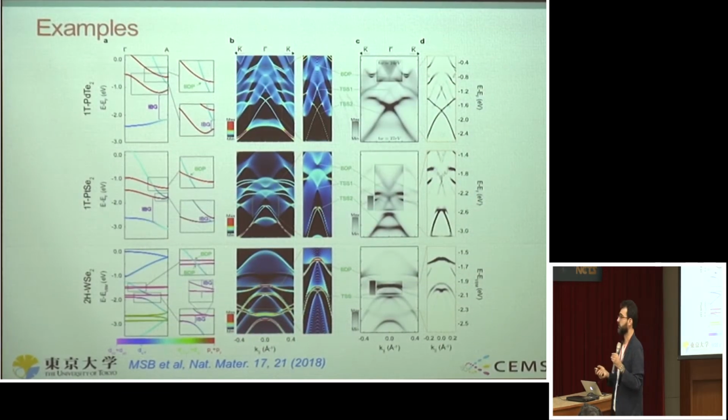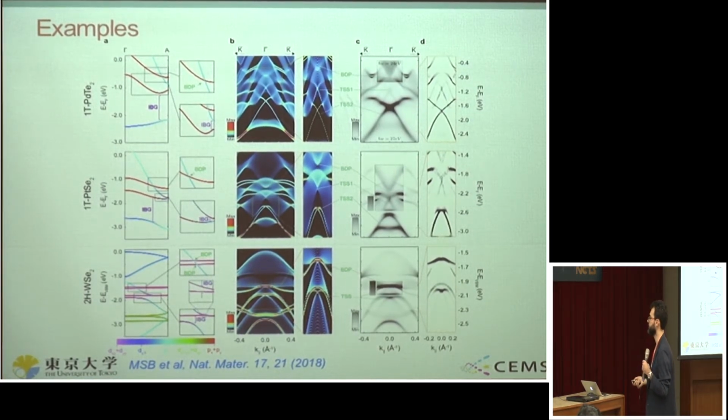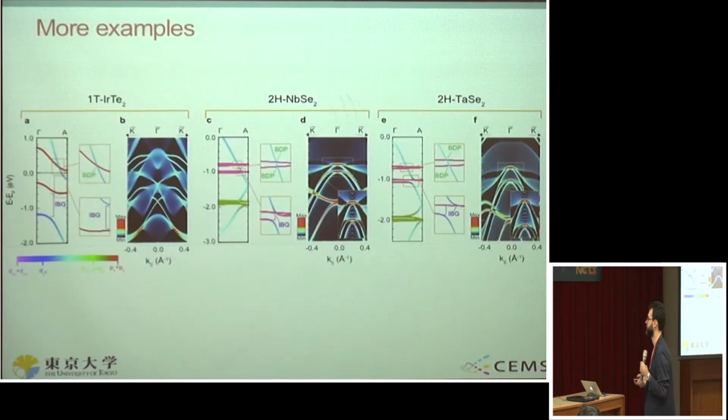So when we compare our calculation with the ARPES measurements, we can clearly see that there is a very good correspondence between the calculation and experiment, and the experiment confirms that indeed we have this kind of Dirac semi-metallic cones, and also topological surface states, for a range of materials, which has been shown here.